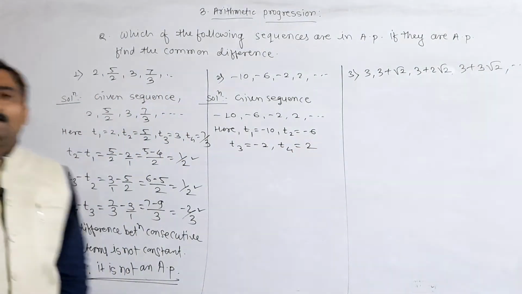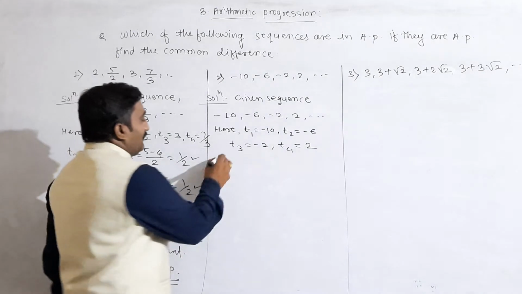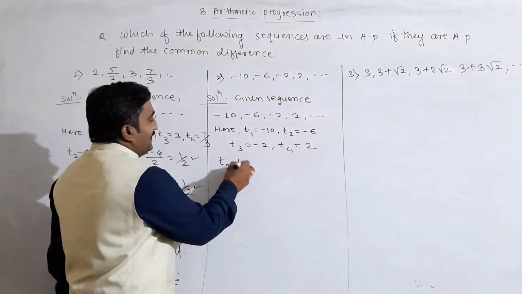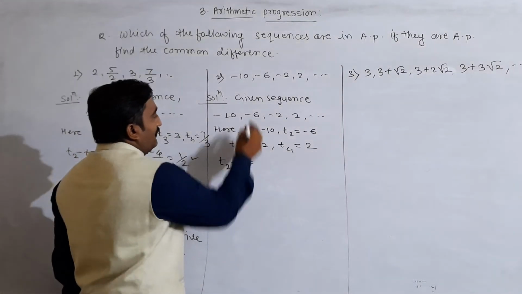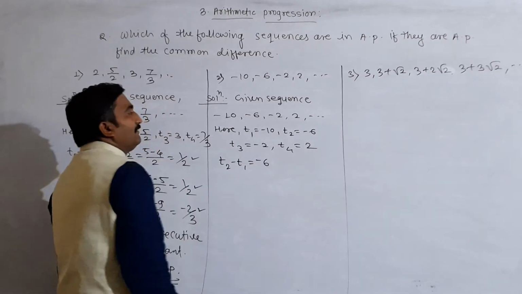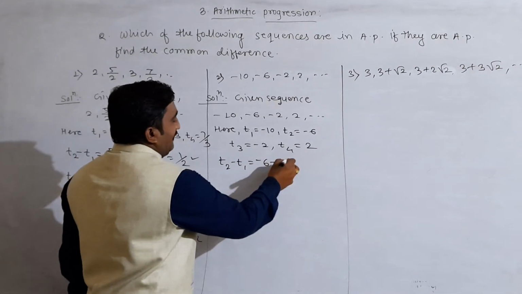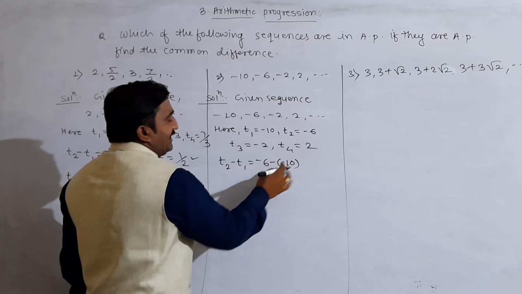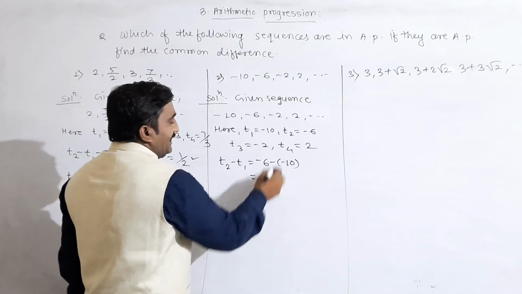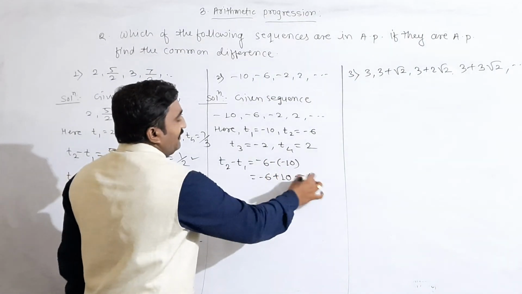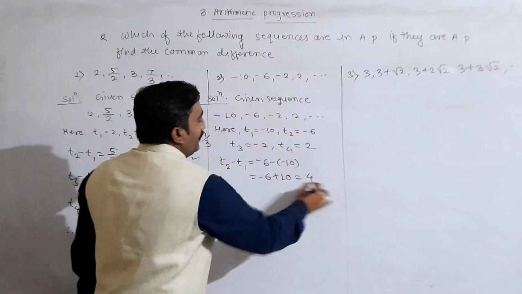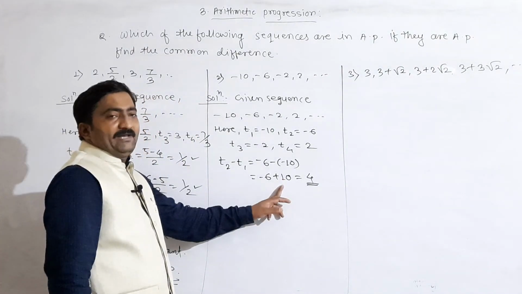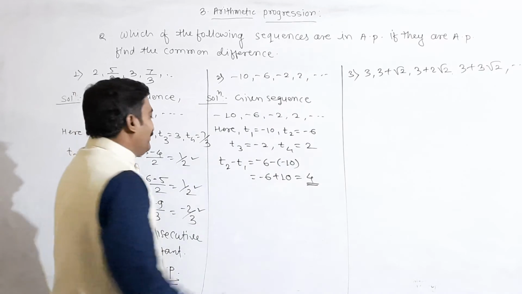So calculate here the difference. Then T2 minus T1, minus 6 minus minus 10. So minus 6 plus 10, so 10 minus 6, 4. Greater number has sign positive, therefore positive 4.